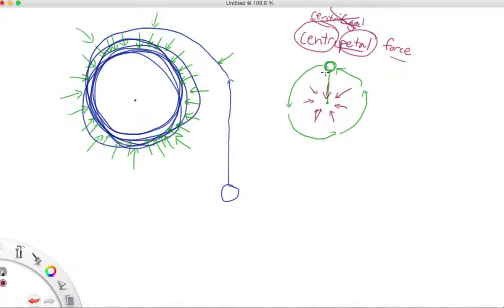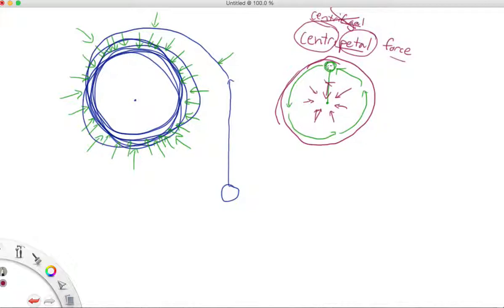Now you can use a string. You can use a barrier on the outside. Let's say you have a barrier on the outside of this, a loop that keeps it from going outside. Now, let's think about what happens if you cut this string. You're flinging it around, flinging it around, and all of a sudden you cut the string.